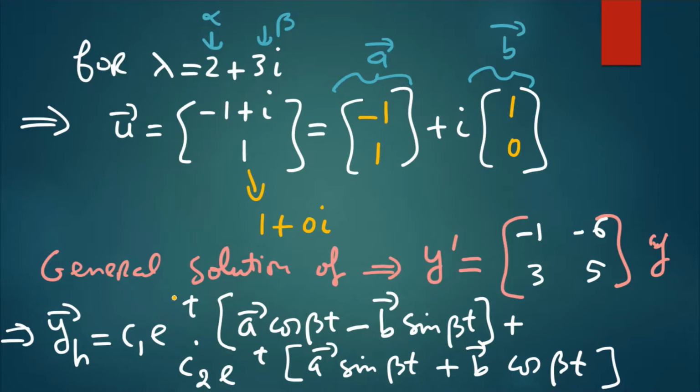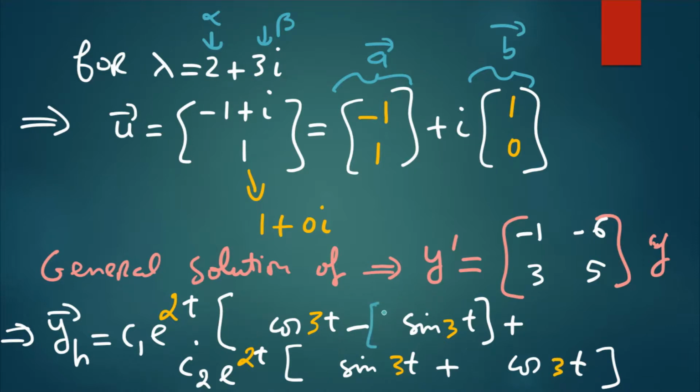Alpha is 2, beta is 3. So b is 1, 0 and a is negative 1, 1.